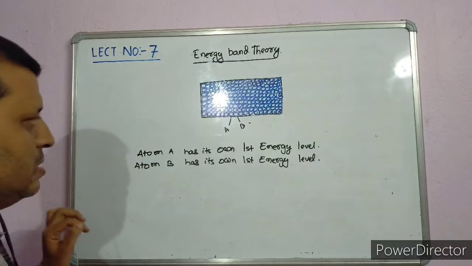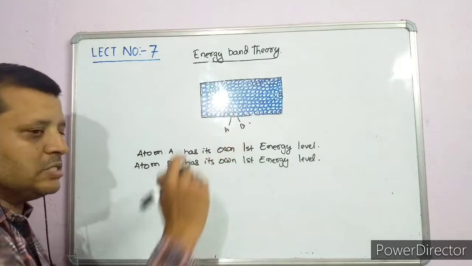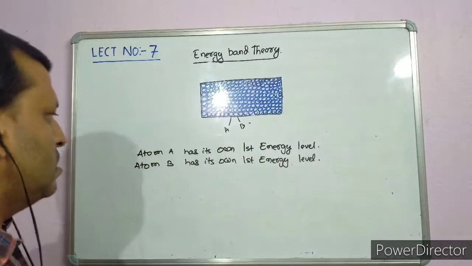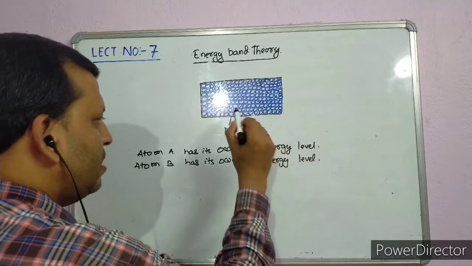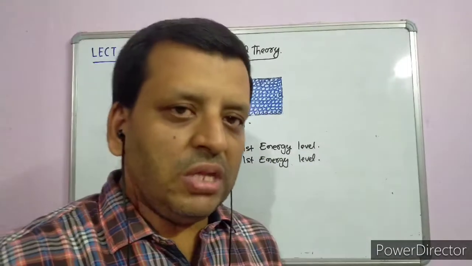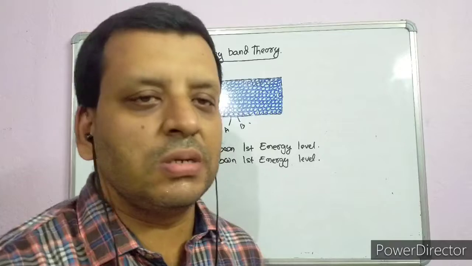Because you can see that atom A is quite close to atom B, that means the first energy level of atom A interferes with the first energy level of atom B because they are quite close.